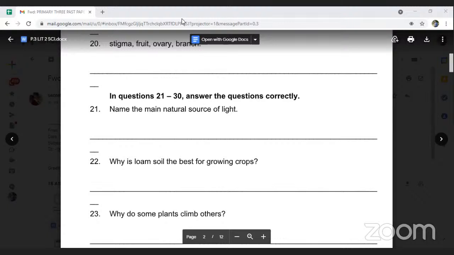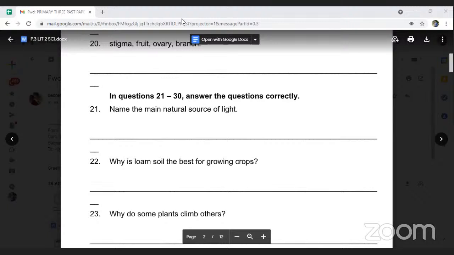It is simple. There are only two reasons. One is to get support. That's why they climb others. The other one is to get enough sunlight. They want to come on top so that they get sunlight.